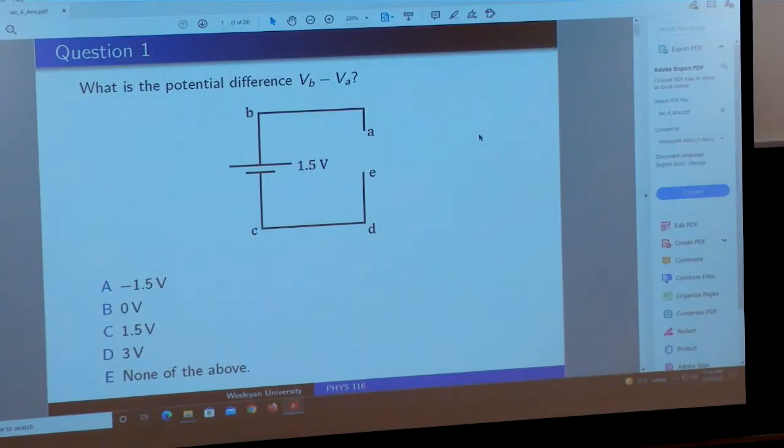Okay, first we'll start with the potential difference question, and then we'll talk about parallel and series.